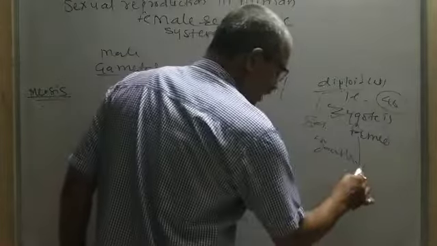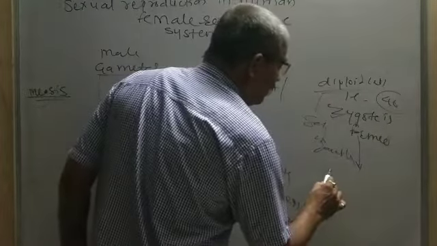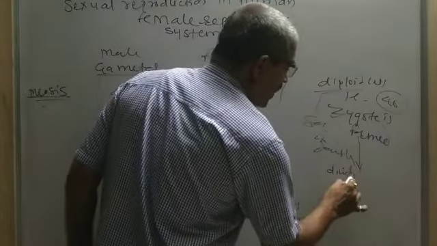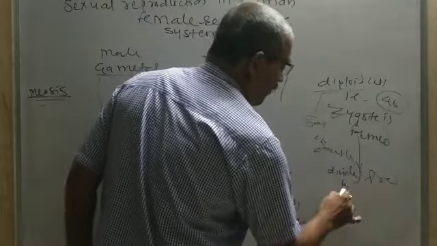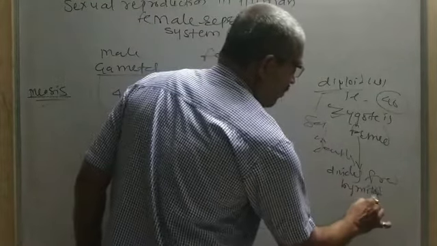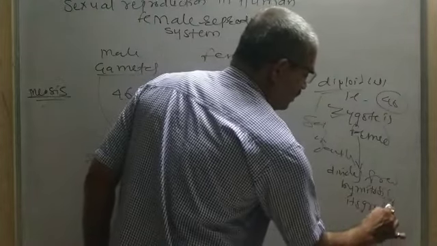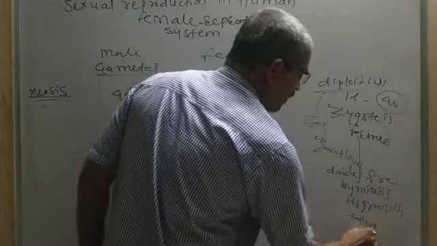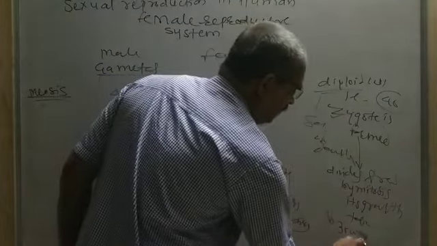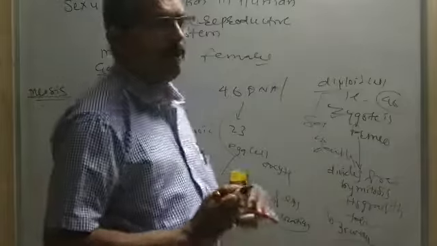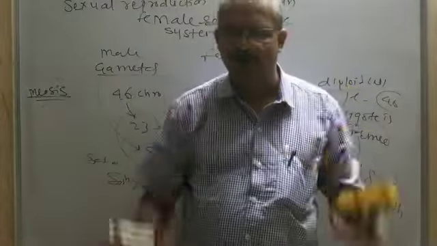Then this zygote starts to grow. It divides. Division of the zygote takes place. It divides and redivides by mitosis, and its growth takes place. That growth continues up till the 36th week, and then the fully grown, matured baby is given out of the uterus.